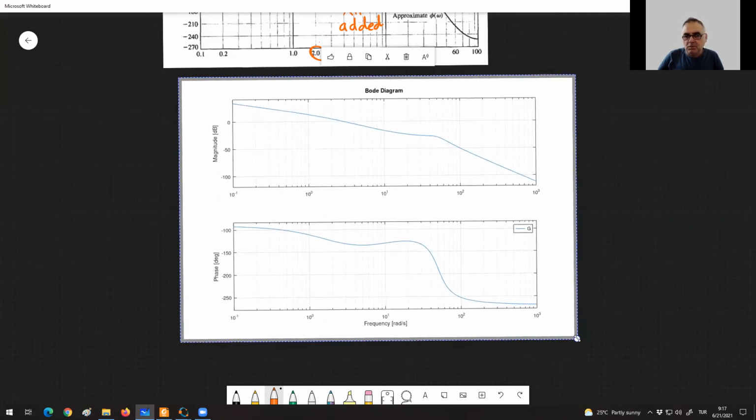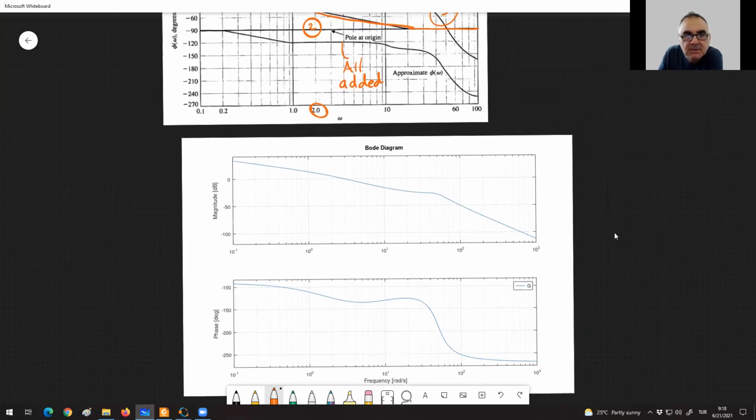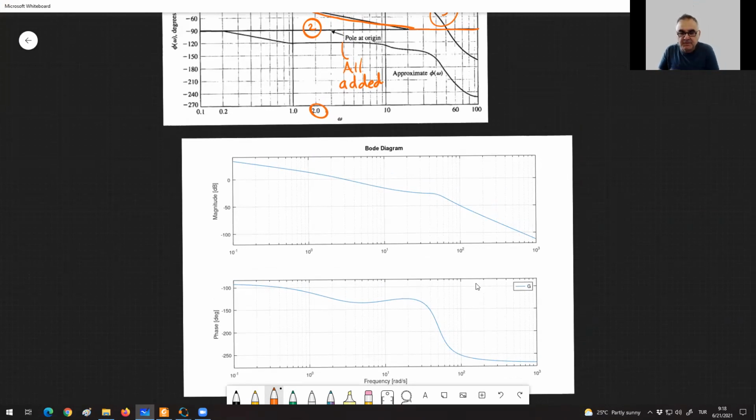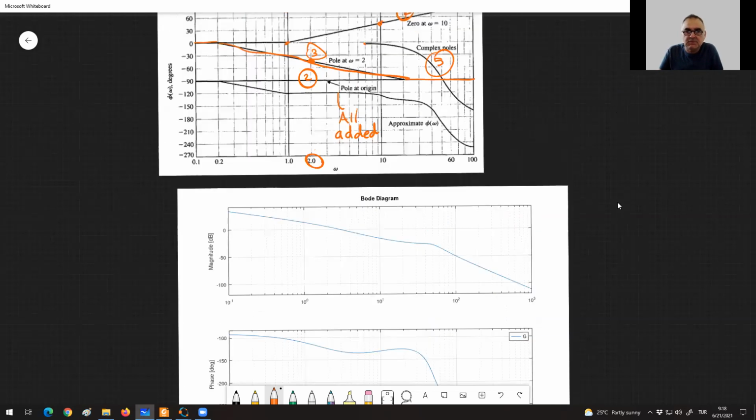Okay, if you look at it now, we see that at 10 to the 0, at frequency 1, the gain is 50 dBs. And the phase starts from minus 90 degrees and goes to minus 270 degrees. The approximate phi of omega and the real phi of omega coincide more or less, as you see.